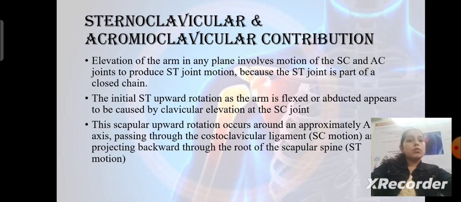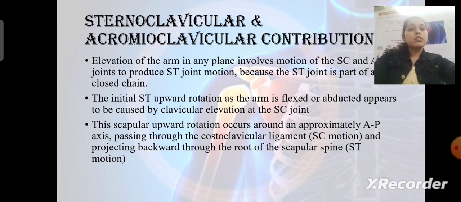Now, contribution of the sternoclavicular and acromioclavicular joints. Elevation of the arm in any plane involves motion of the sternoclavicular and acromioclavicular joints to produce scapulothoracic joint motion, because the scapulothoracic joint is a part of a closed chain.